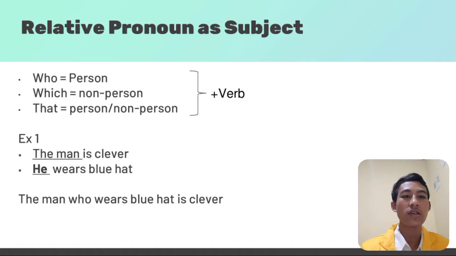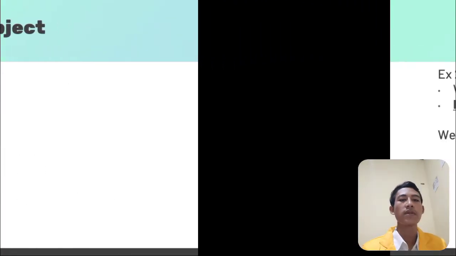We must combine the two clauses, so it will be: the man who wears a blue hat is clever. The man is a noun phrase, who wears a blue hat is the adjective clause, wears is the verb, and clever is the adjective.